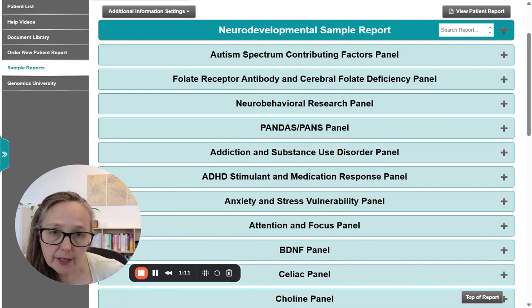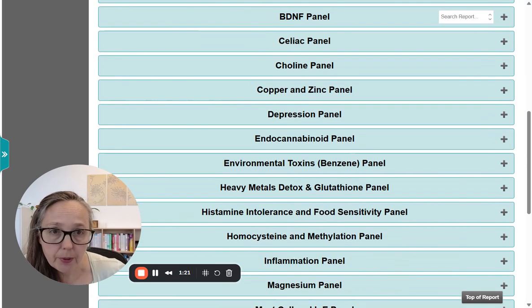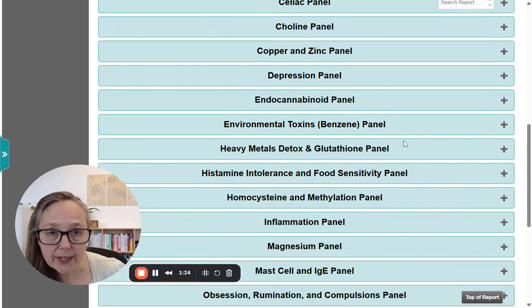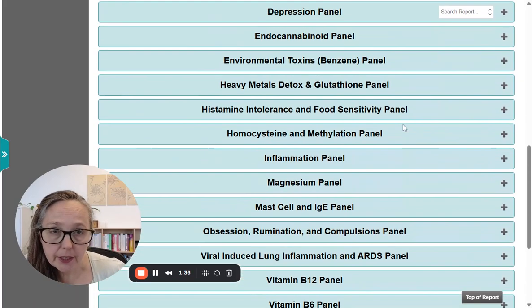There are genetic variants that play a role in attention and focus, on stress and anxiety, as well as a lot of different nutrients and how those nutrients are transported through the body. There are ways of looking at how good your body is at clearing toxins, and histamine response, which is an exaggerated kind of allergic response. And so there's a huge amount of information in here.